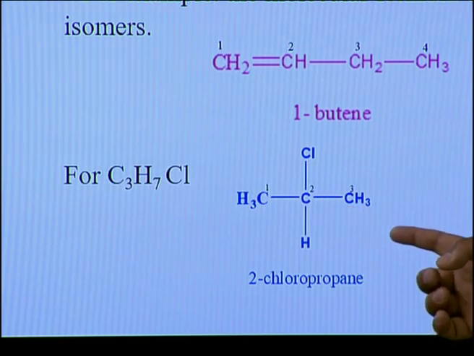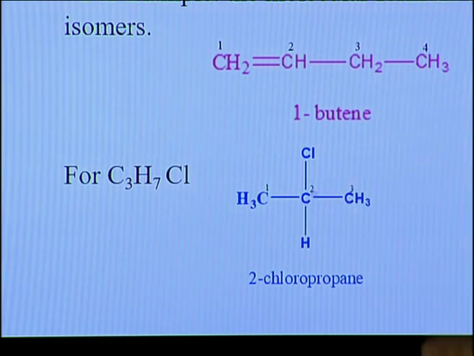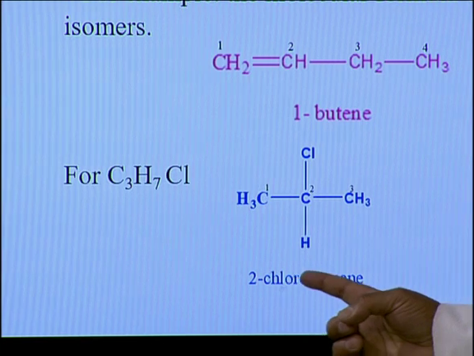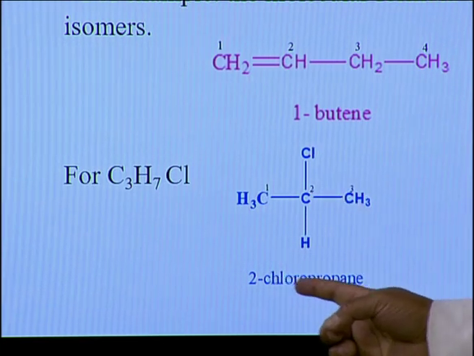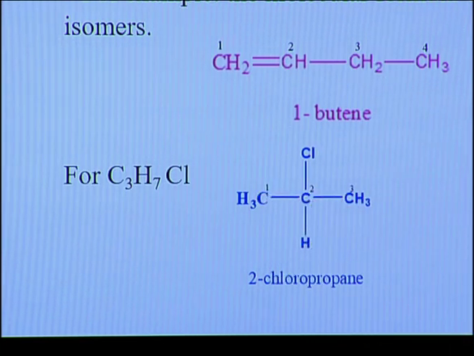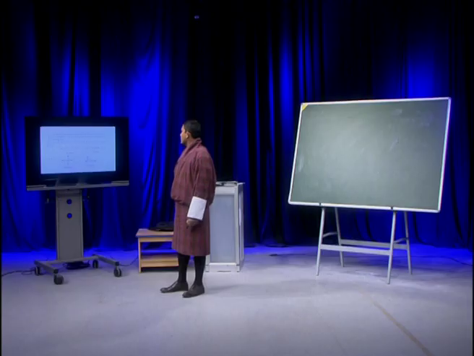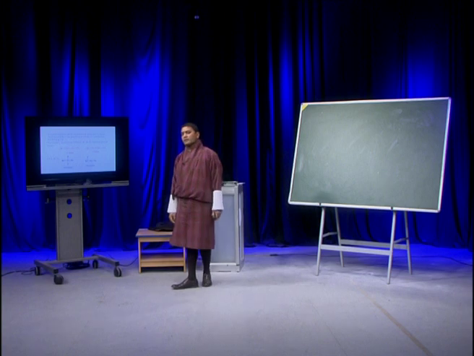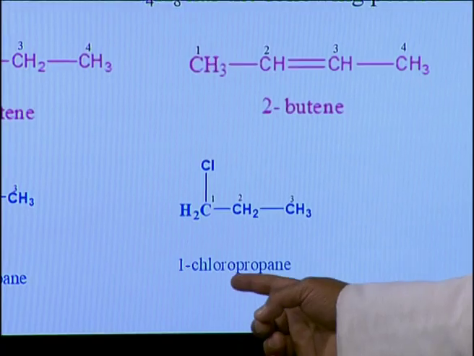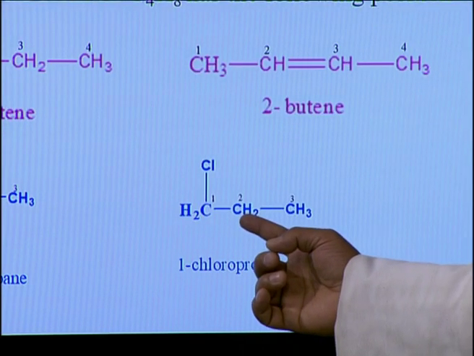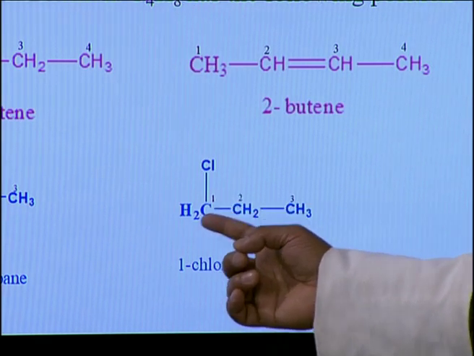The position of the chlorine here is at carbon number 2, so this becomes 2-chloropropane; propane has 3 carbon atoms. The next one from this molecular formula is 1-chloropropane, where the chlorine atom is at carbon number 1.